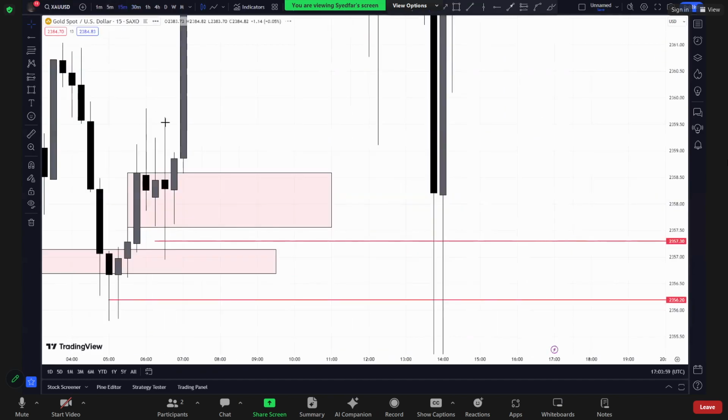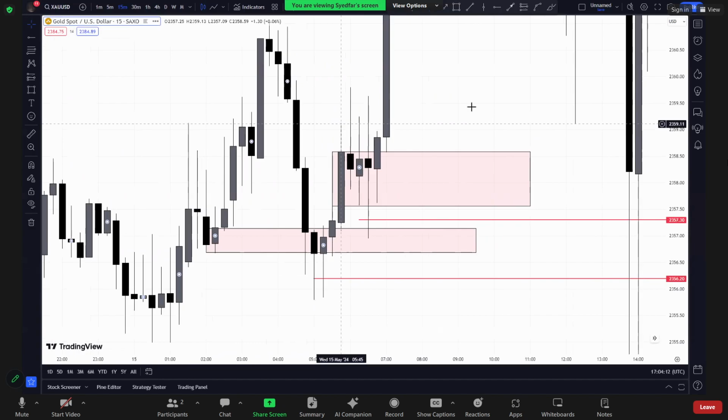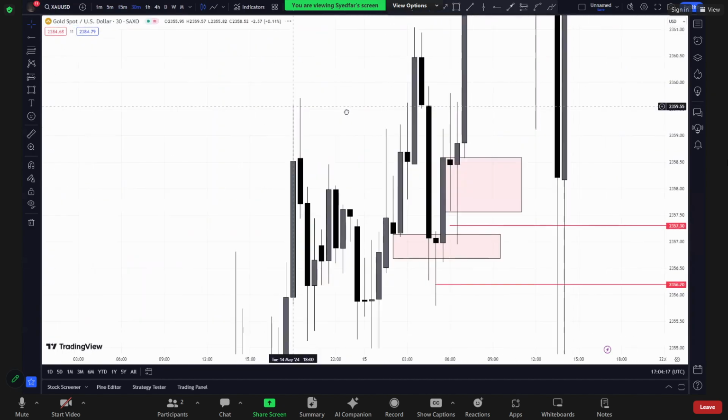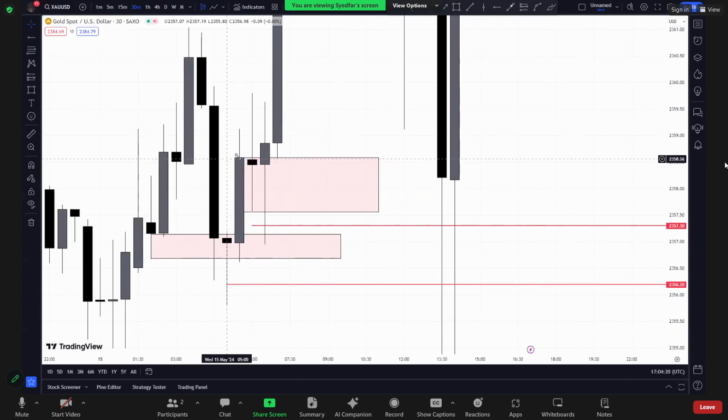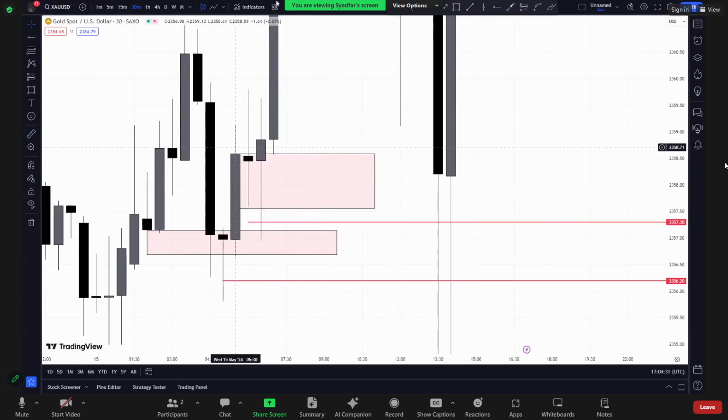Go to M15. In M15, we just have a QM here. I already mentioned before, let's say you have a trade control. If your trade control zone is not more than 30 pips, you can take it.